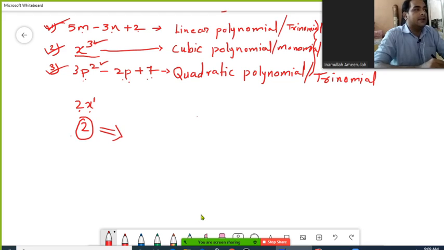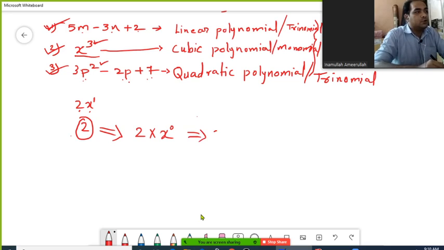As I told, if there is a number and no variable is shown, we consider the degree of that number as 0. So this 2 has power 0, and how this power 0 comes, this 2 can be written as 2 into any variable you can take here raised to 0.